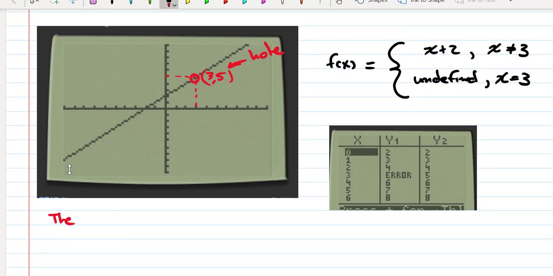So the missing point (3, 5) is called a hole.